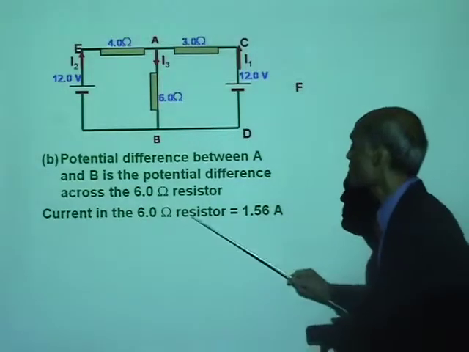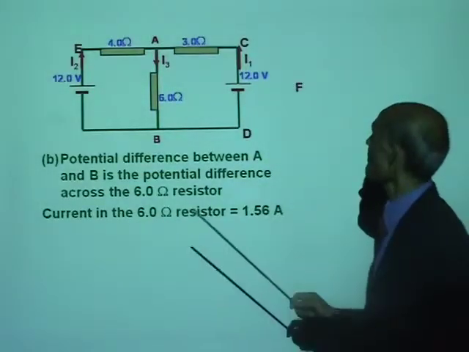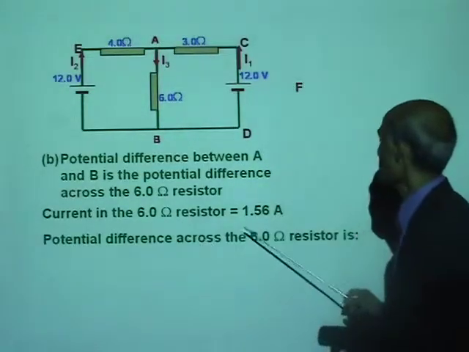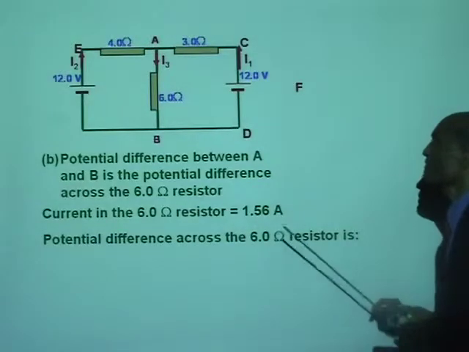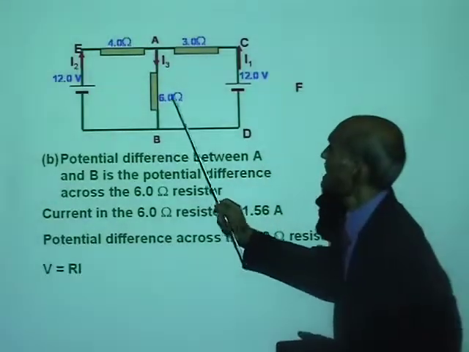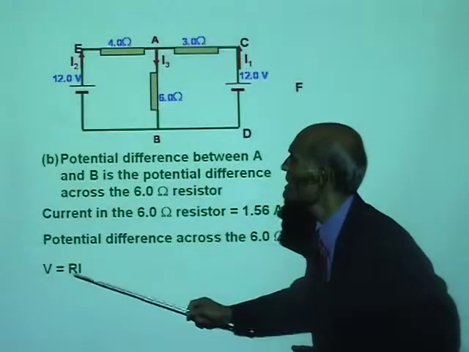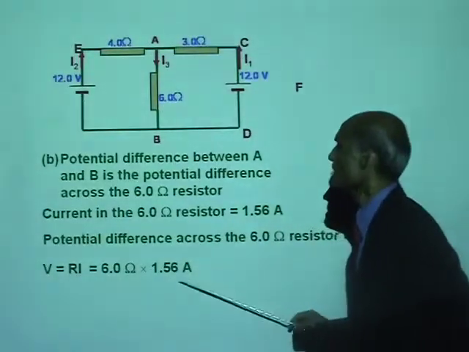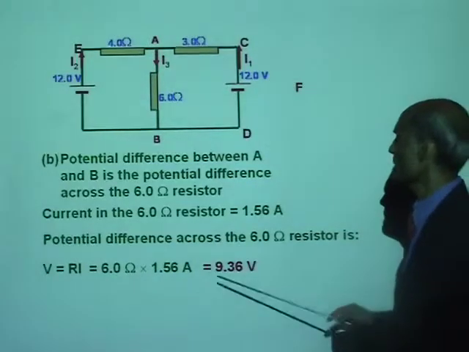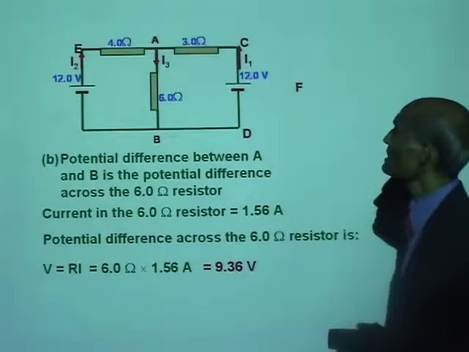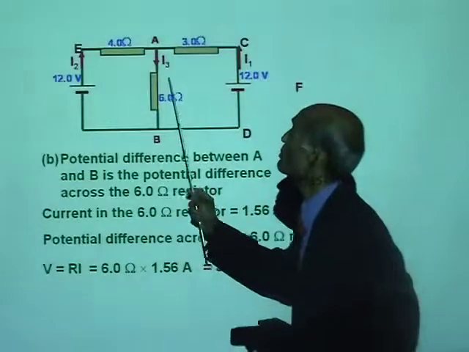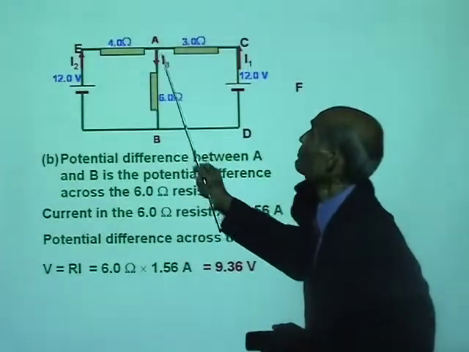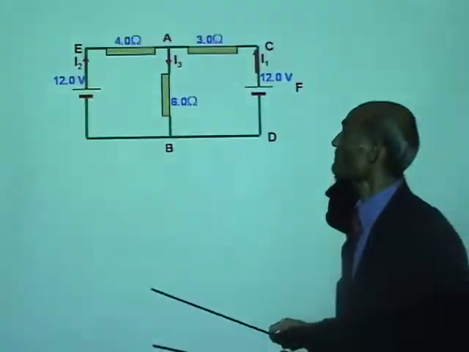So the current in the 6 ohm is 1.56 ampere. So the potential drop across that 6 ohm is 6 times I3. V equal to Ri. That is 6 ohm times 1.6 ampere. That is 9.36 volt is the potential drop across the points AB.